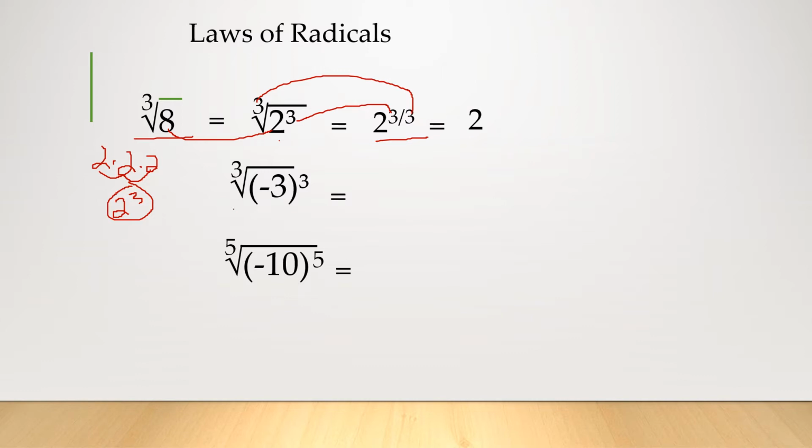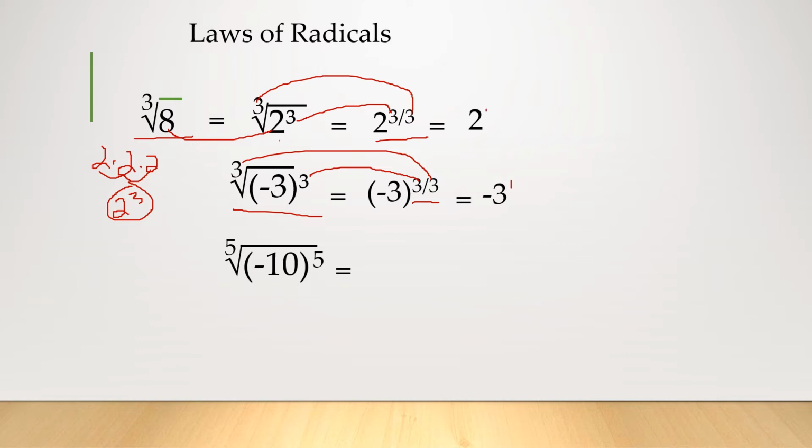Now, if I have here the cube root of negative 3 raised to 3, it means that in expression with rational exponent, that is negative 3, then again, that's the index, the denominator, and this is the numerator. Again, 3 divided by 3 is 1, so the answer is negative 3. Understood, there is exponent 1 here also.